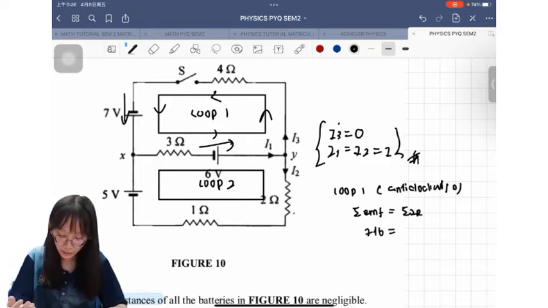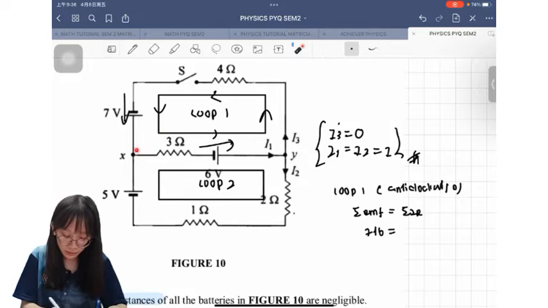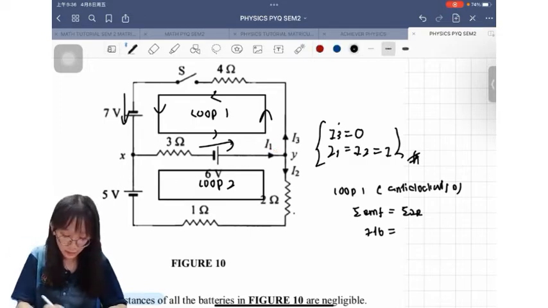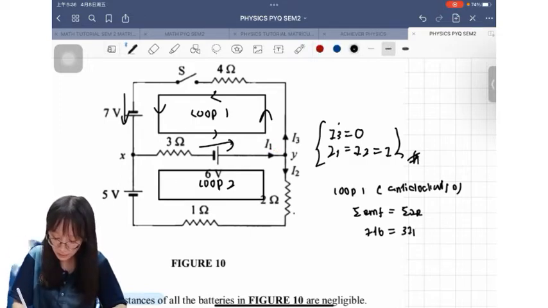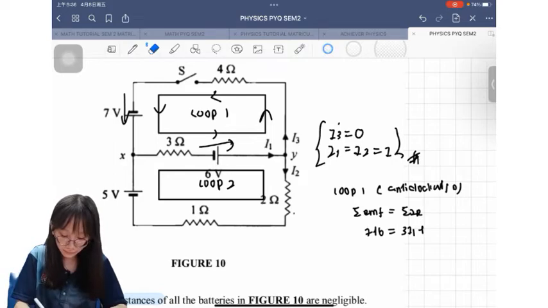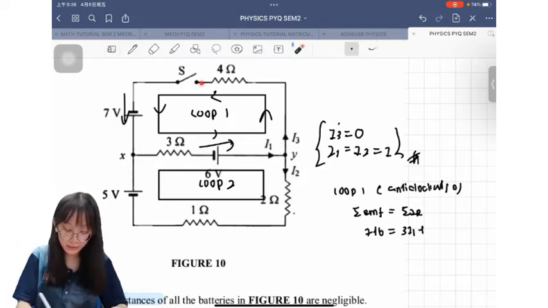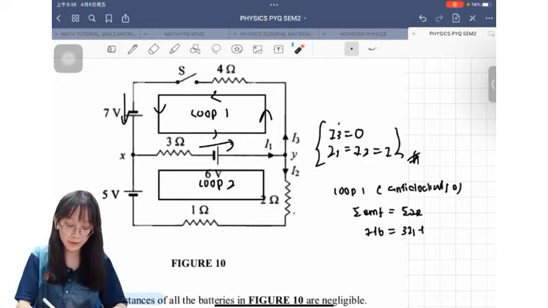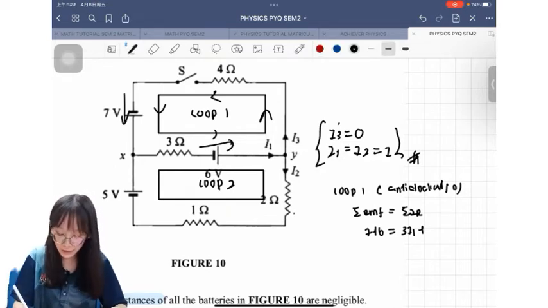So it's 7 plus 6 equals, we need to find I1 and also I3. I1 is along this direction, so it's 3I1 plus 4I3, and there is no need to put a negative because it follows the direction.